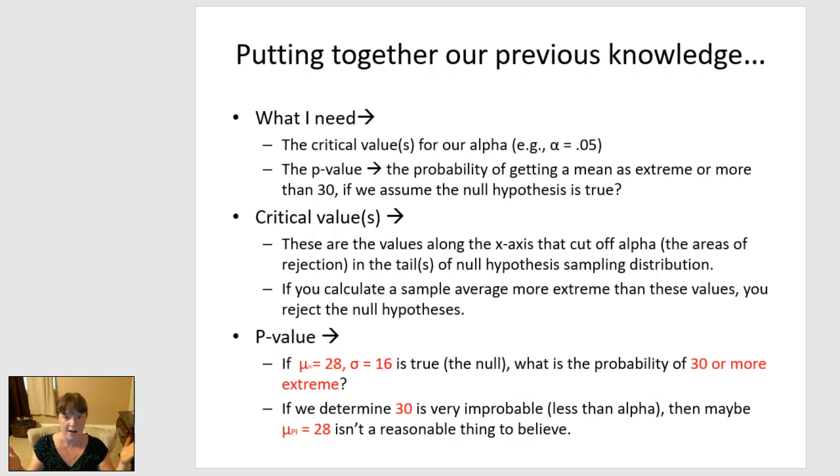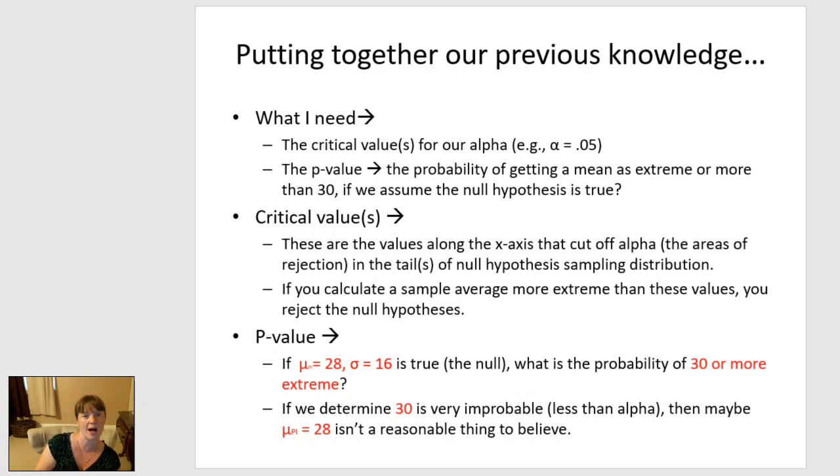You decide that you're going to reject the null hypothesis if you find anything in the extreme tails, alpha 0.05, and the critical values are those numbers along the x-axis that cut off alpha. If you calculate any X bars, any sample averages, more extreme than the critical value, you reject that null hypothesis like the lemon hypothesis it is.